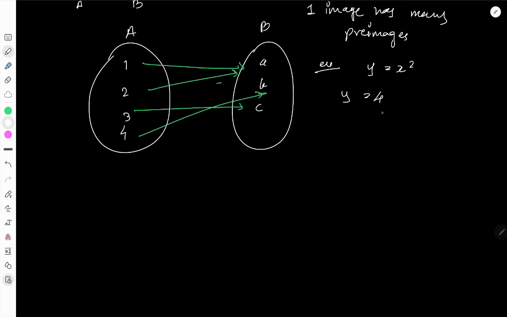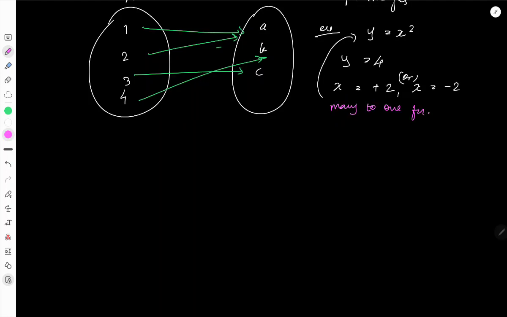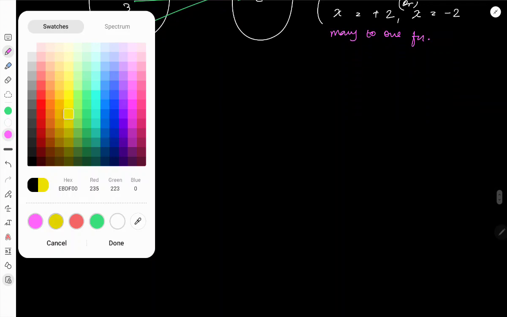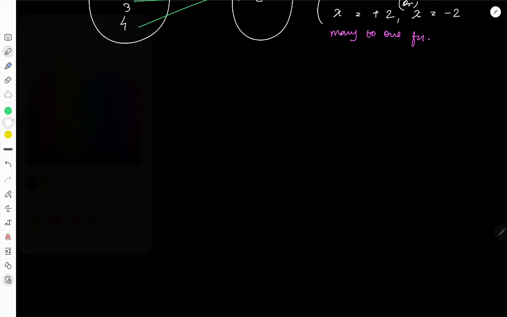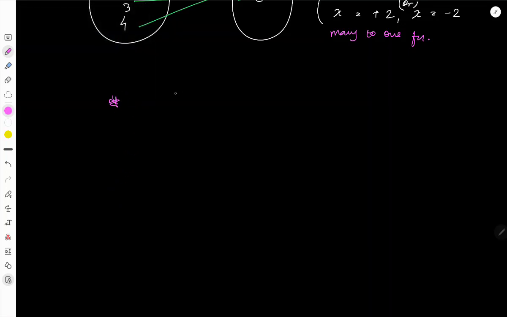If I take y as 4, then x can be plus 2 or x can be minus 2. So this is a many to one function. I'll write it over here. And let us now discuss something very important: how to identify whether something is a function or not. What is a function?